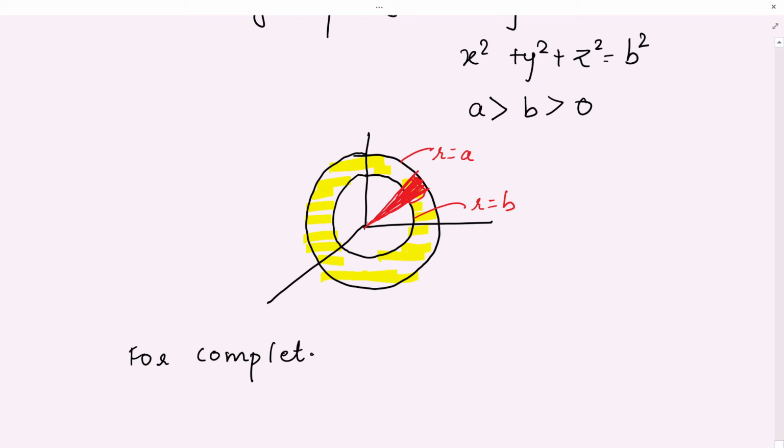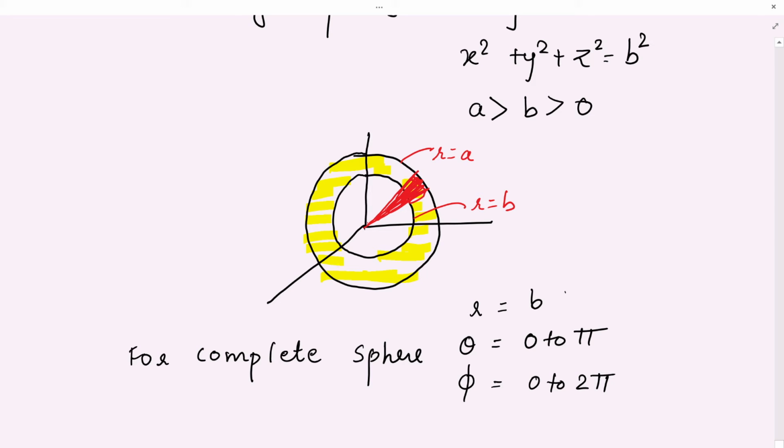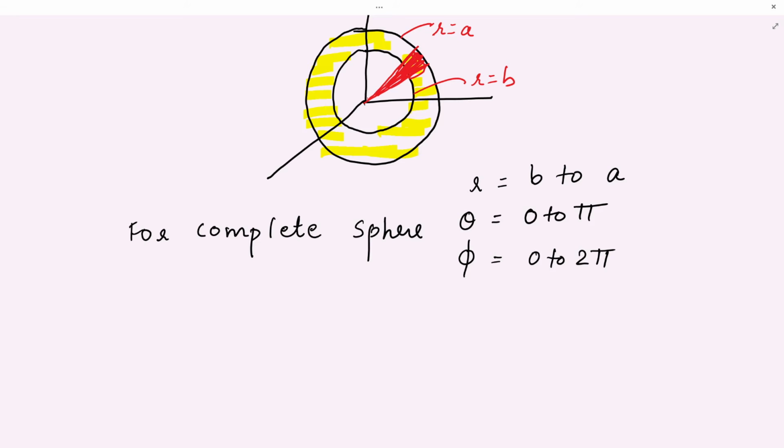The limits of theta will be 0 to pi, and limits for phi will be 0 to 2 pi. And limits for R: the inner one is B and the outer one is A, so that will be B to A. So these are my limits.